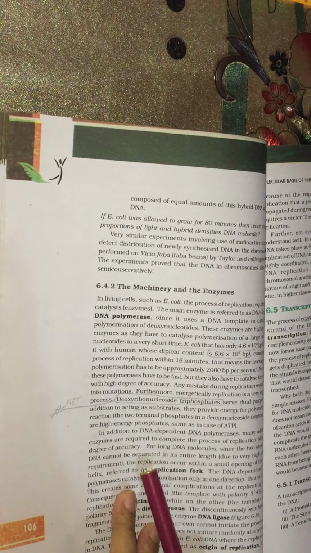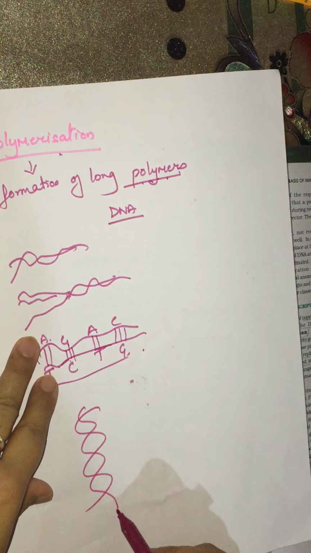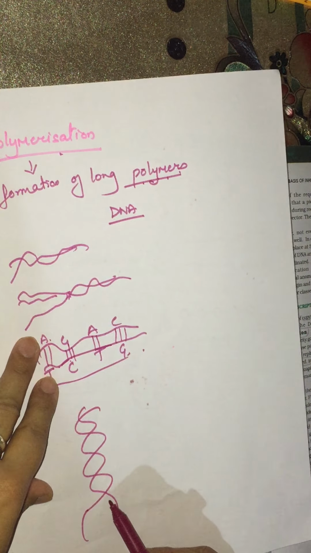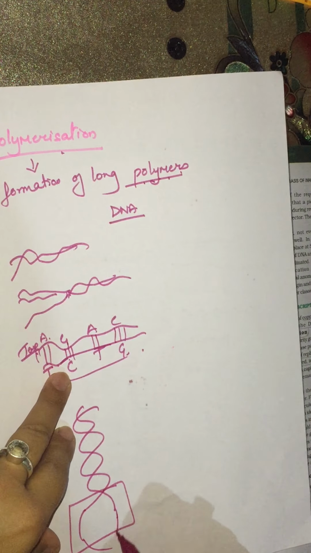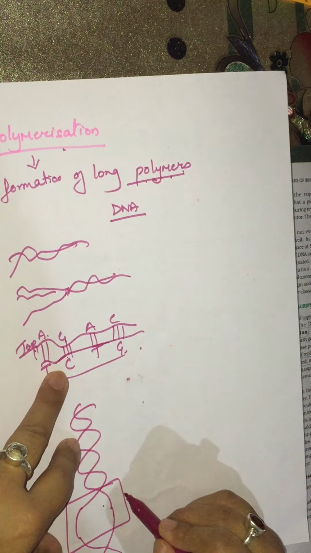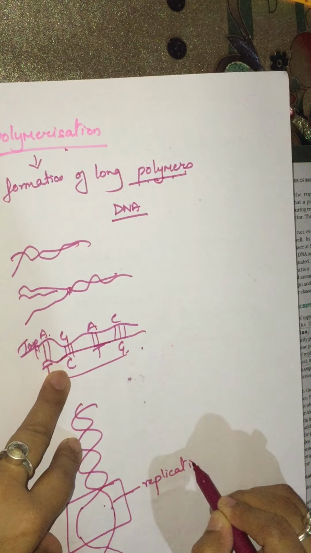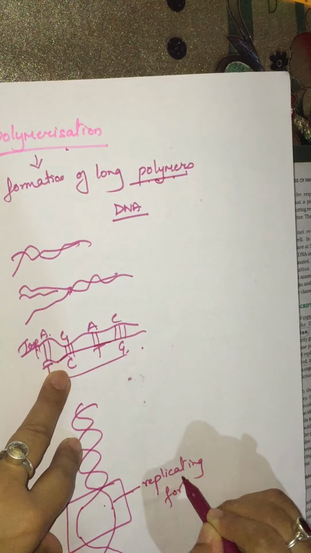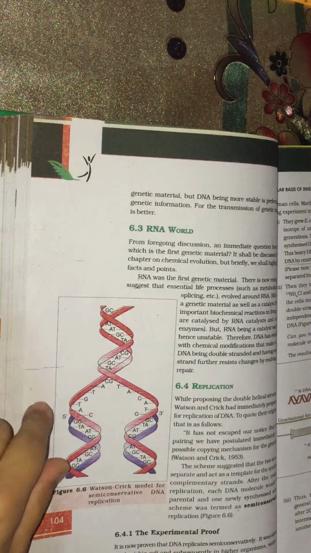So there is one particular point in a DNA which acts as the replicating point or replication fork, because the shape is fork like.